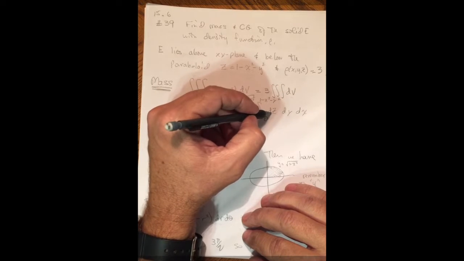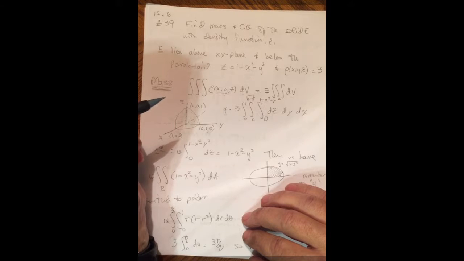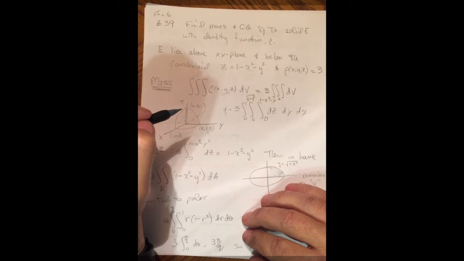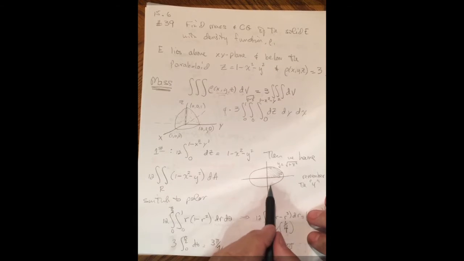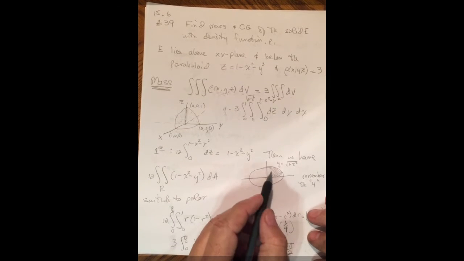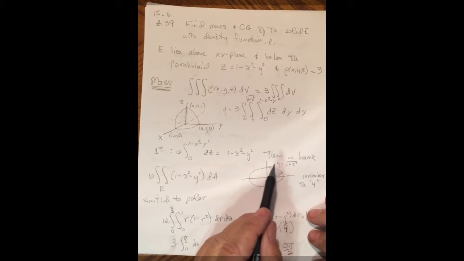So I chose to integrate with respect to z. I'll integrate from 0 to 1 minus x squared minus y squared. Cool. And then now if you look down in the xy plane right here, this corresponds, remember you would have a roof over this, you would have the surface up here.